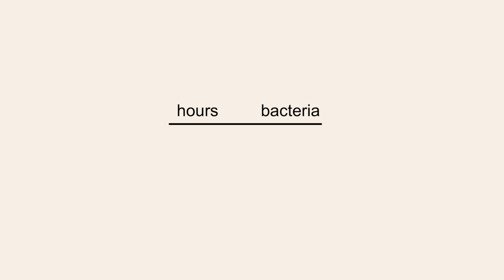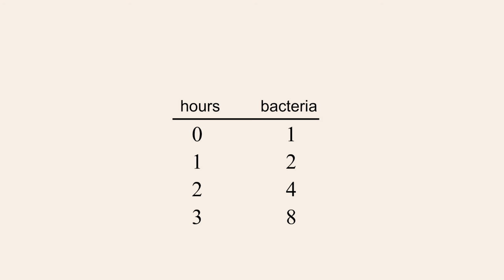So starting with a single bacterium, after 1 hour, the single bacterium will have divided into 2 bacteria. After 2 hours, the 2 bacteria will have divided into 4 bacteria. After 3 hours, we would have 8 bacteria, and so on.